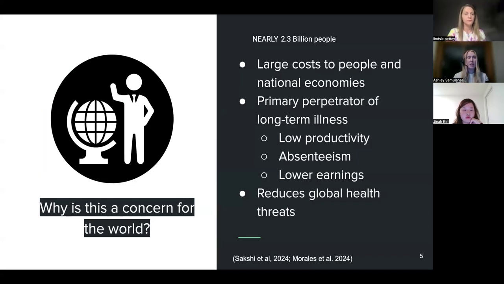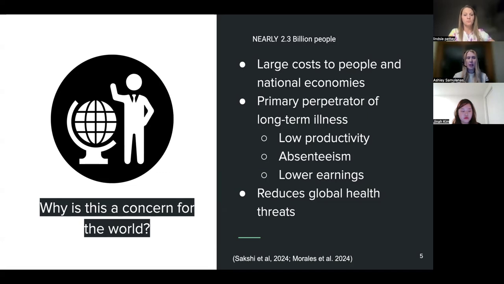According to an article by Sakshi et al. 2024 in the Journal on Health Policy and Systems Research, malnutrition in all forms is responsible for more ill health than any other issue, stating that costs are borne by individuals, families, and public sector and insurance systems, and that suboptimal physical growth causes lifelong susceptibility to illness, which again can lead to lower labor productivity and absenteeism and lower lifetime earnings.